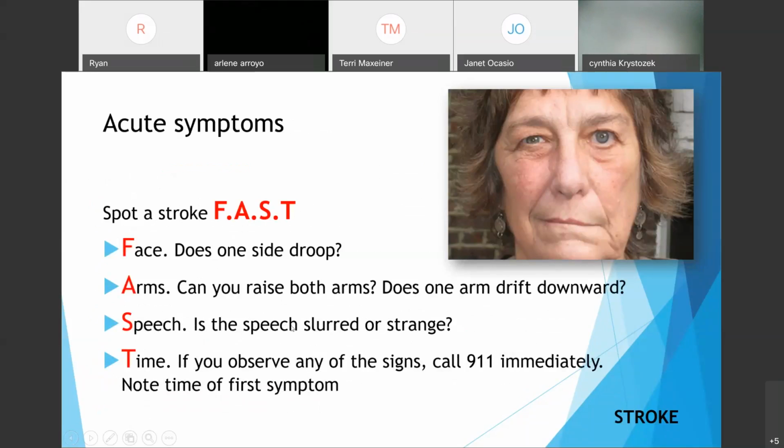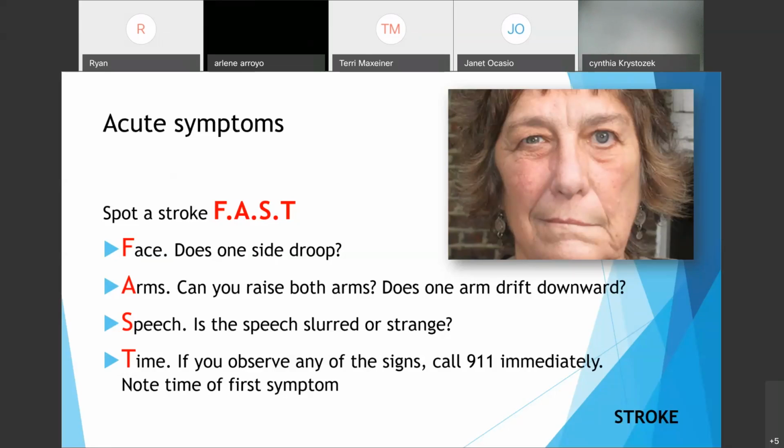Okay, everybody, we're going to back up a little bit. Back to the acute symptoms. So we were talking about spotting a stroke fast using the acronym FAST, the F standing for the face. Does one side of the face droop, as you can see in the picture? The A standing for arms.